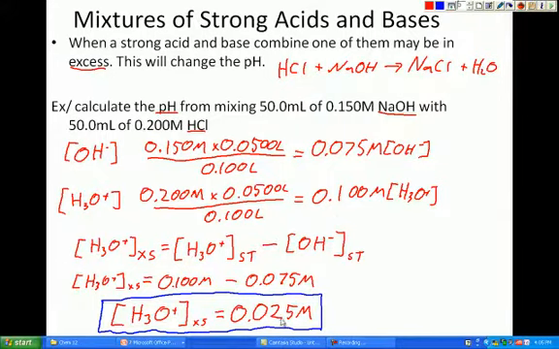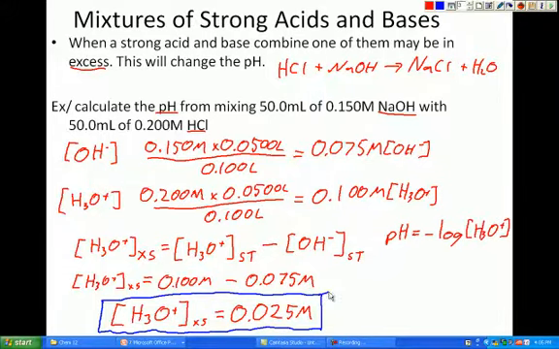Since all of that OH was neutralized and a whole bunch of the H3O plus was neutralized, all we're left with is extra H3O plus. So this is going to be left in our beaker, and the question is, what is the pH of that beaker going to be? So we can just take this number and put it into our pH formula. In other words, pH equals the negative log of H3O plus.